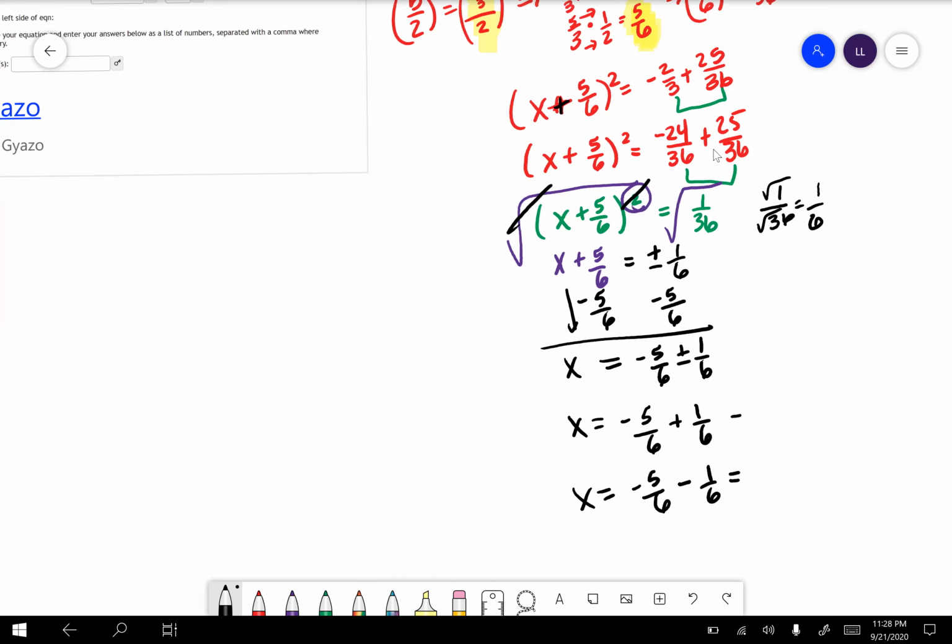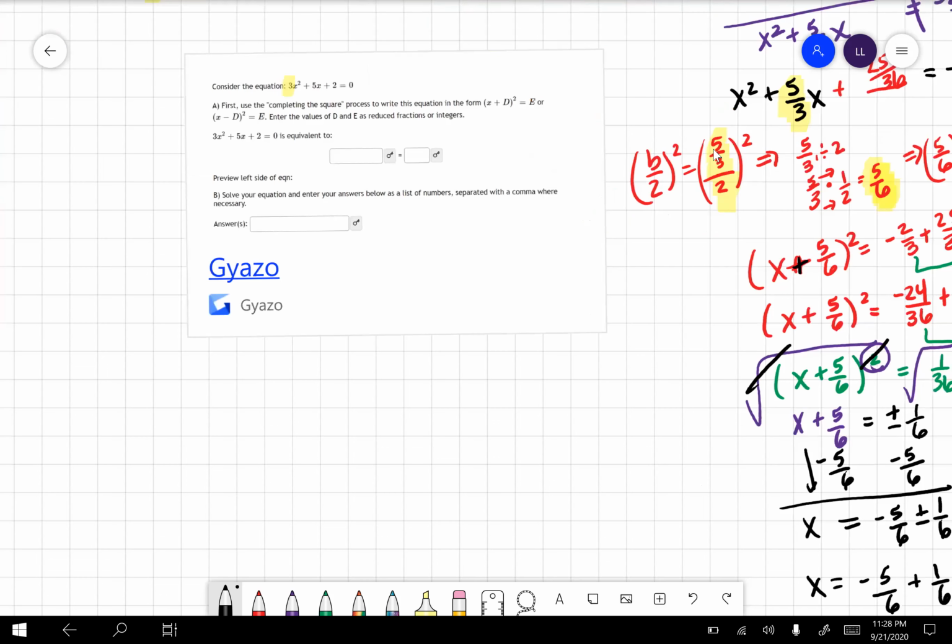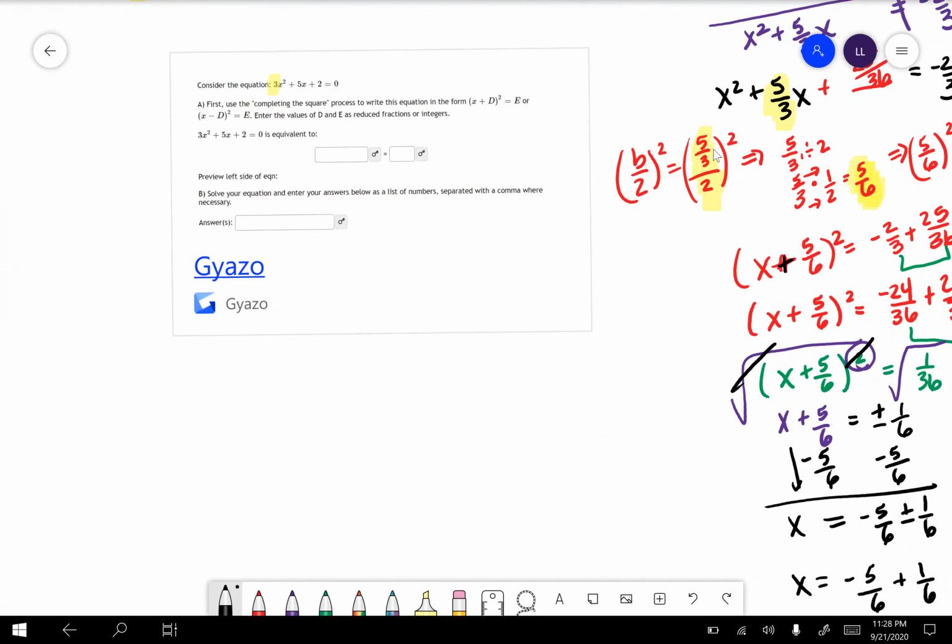So let's go ahead and simplify those. Negative 5 plus 1 is negative 4 over 6, which is negative 2 over 3. Negative 5 minus 1 is negative 6 over 6, which is equal to negative 1. So our solutions are negative 2/3 and negative 1.